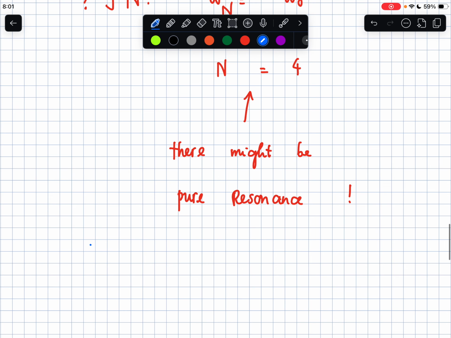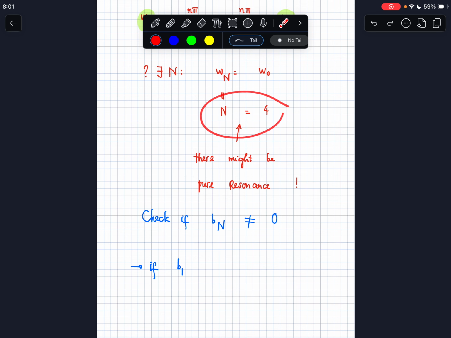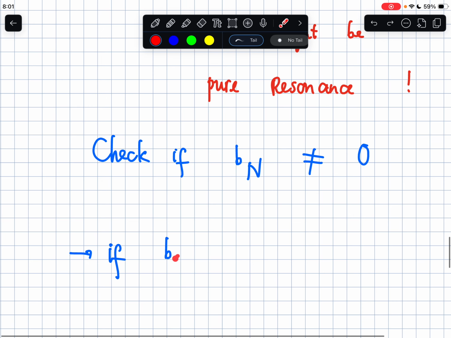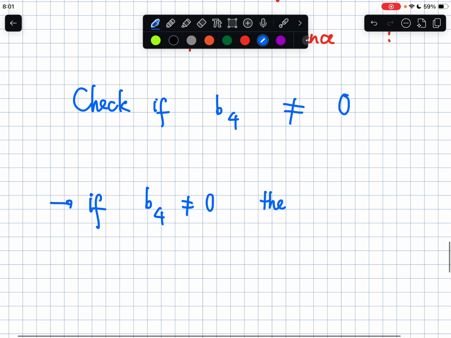We need to check if b_n is non-zero. In our case n equals 4, so if b_4 is non-zero, then pure resonance occurs.